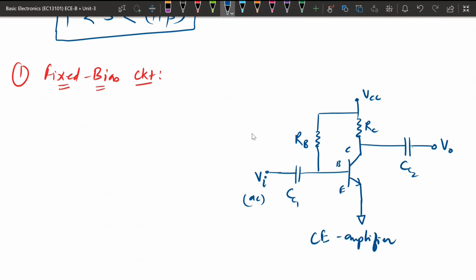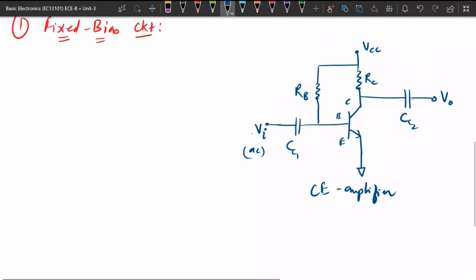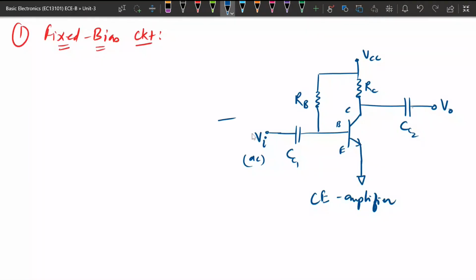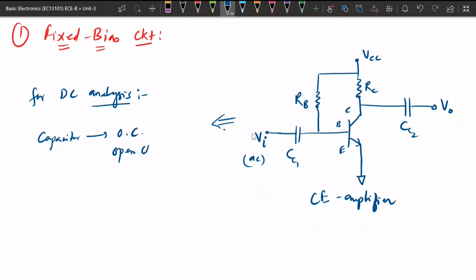Now, if we go for DC analysis, the capacitors will be open circuited. Why? Because a capacitor does not allow DC.